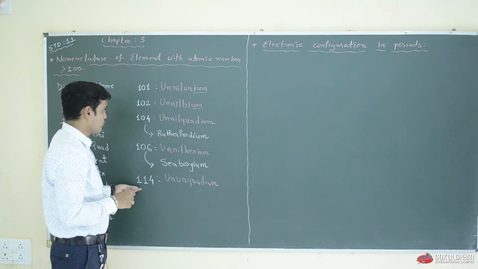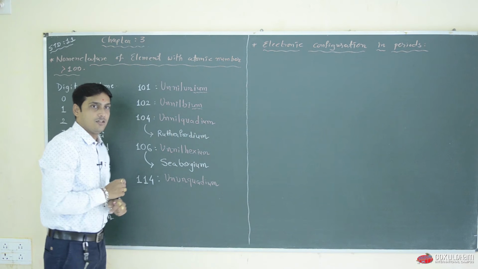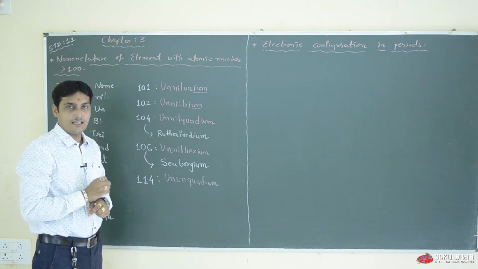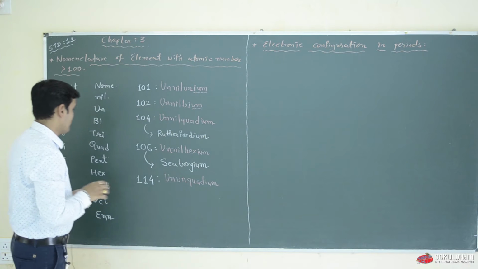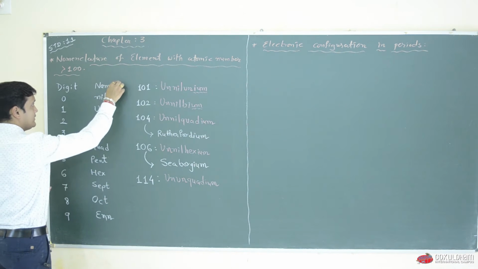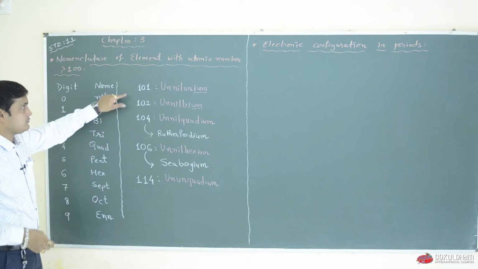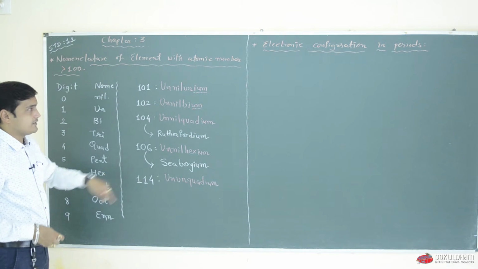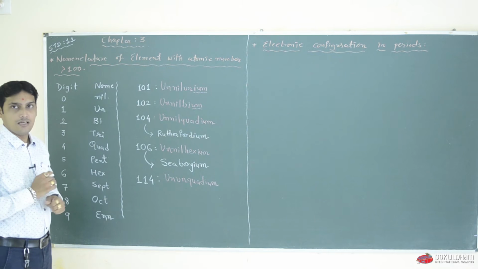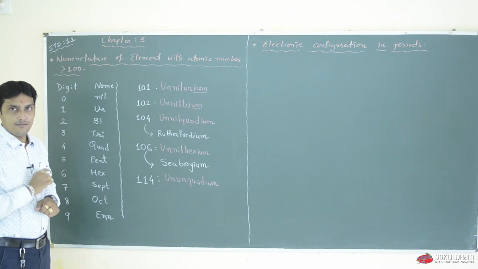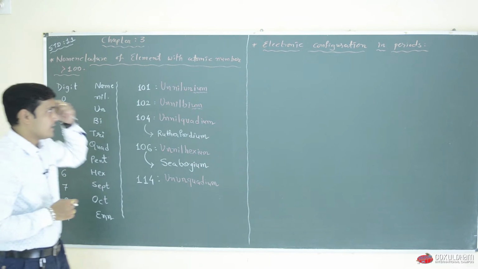Again, you can make this nomenclature up to 120 elements found in our periodic table. So you just have to remember this table very accurately, and you will be able to make the IUPAC nomenclature of every element with atomic number greater than 100. Okay, this is our first topic of today's video.